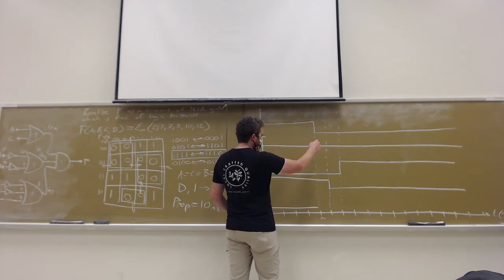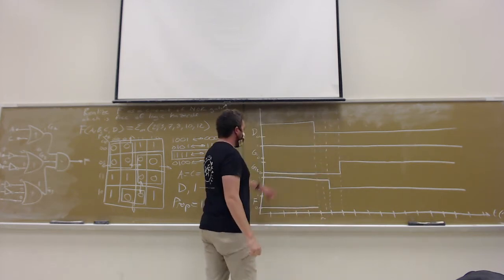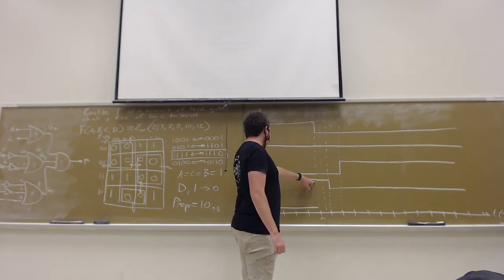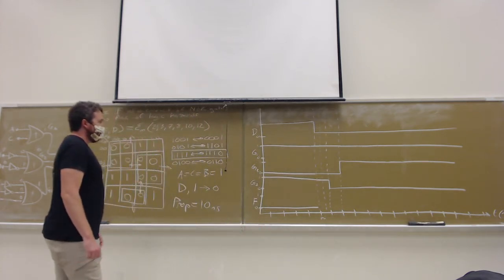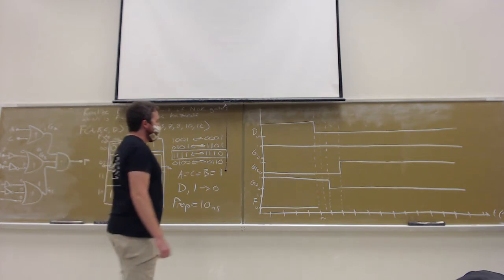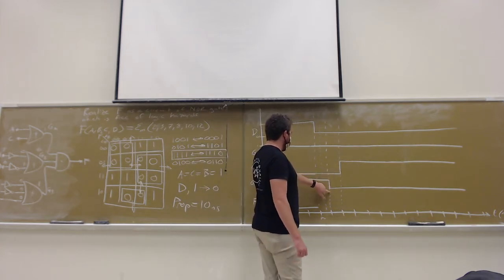Okay, because now I think the logic hazard never occurs here. So in this first place, G1 is equal to 1, G2 is equal to 0, G3 is equal to 1, which means F should be equal to 0, right? And it stays that way forever. And then it transitions here. It goes to 0, which means it should stay at 0.